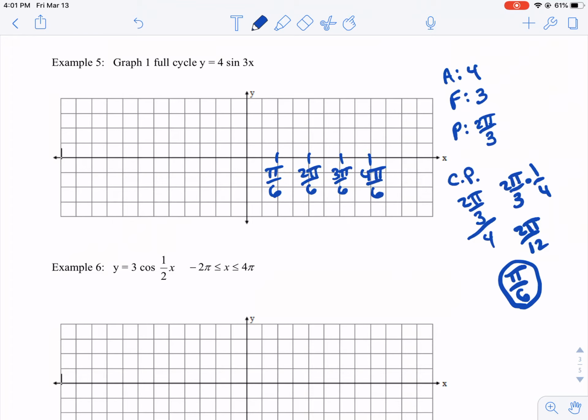Now those of you who are inquisitive are going, wait a minute, the period is supposed to be 2 pi thirds, so I'm supposed to get done graphing at 2 pi thirds. 4 pi over 6 simplifies to 2 pi thirds, so I'm doing fine. Amplitude is 4, so we're going up to 4 and down to negative 4. And I'm doing sine. All sine graphs start at 0, hill, 0, trough, 0. There's my 1 full cycle that ends at 2 pi thirds.